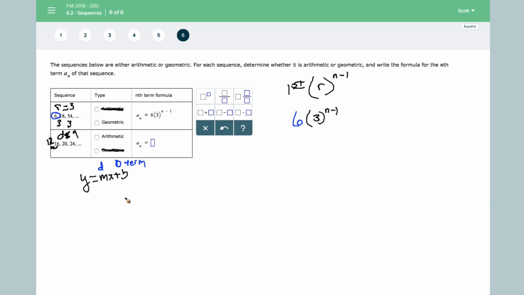Okay, so that gives me y equals, and what's my common difference? It's 4. And instead of x, it wants me to use n, and then positive 12. And that is what I got to put here, 4n plus 12.